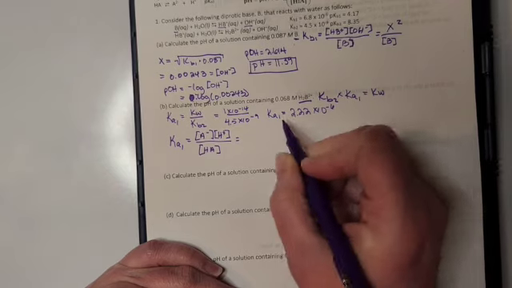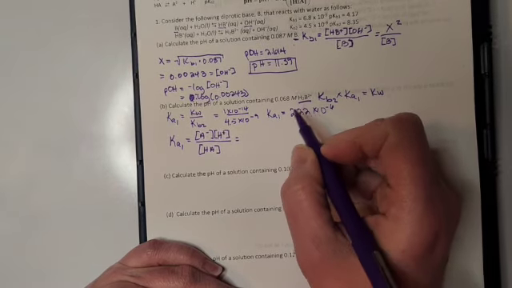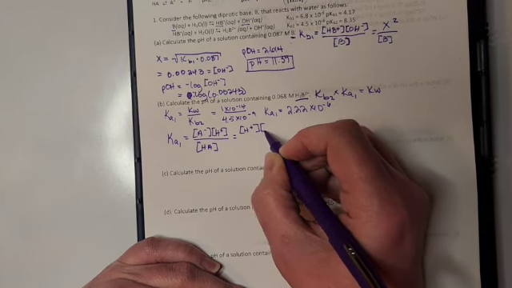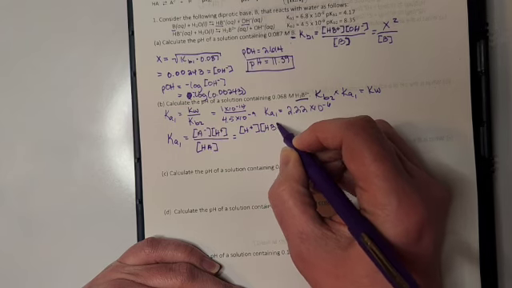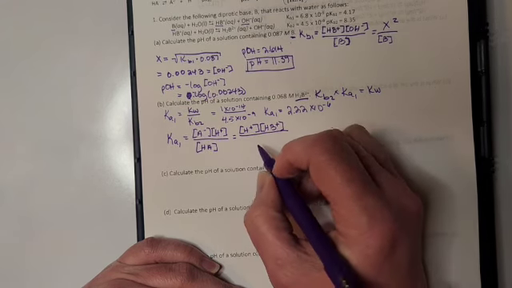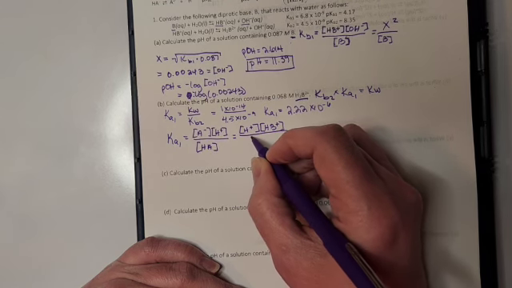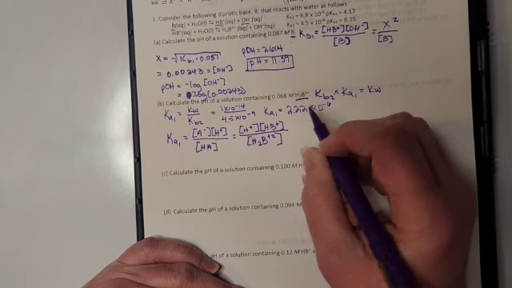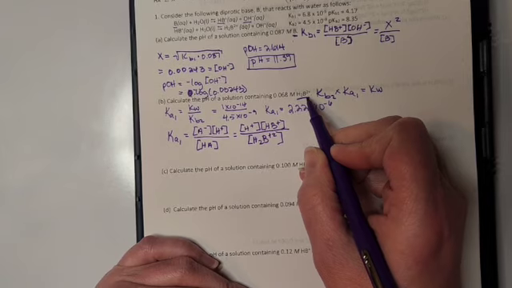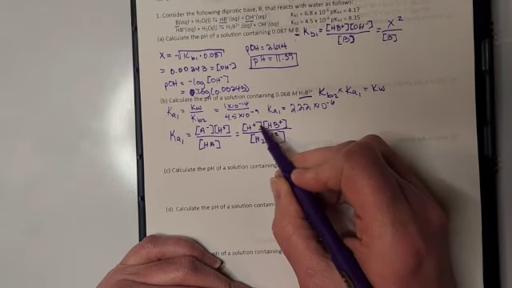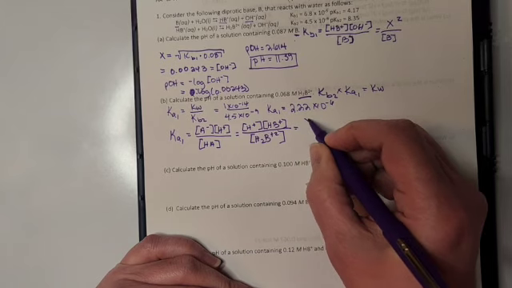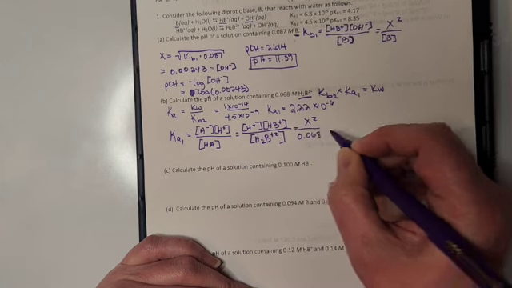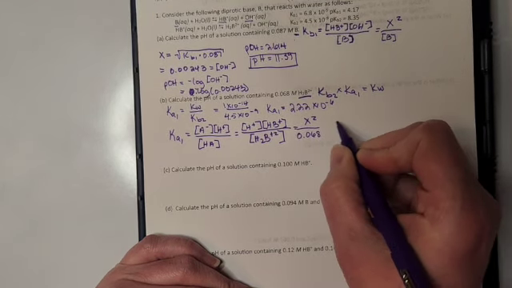If we sub in our actual letters for our reaction, this is going to be H plus times HB plus, because remember this is diprotic, and that is going to be over the concentration of H2B plus 2. Now we've got our concentration for H2B plus 2. What we're solving for is these two concentrations, so that's going to equal x squared over, we're going to put in our numbers here, and then solve for x.